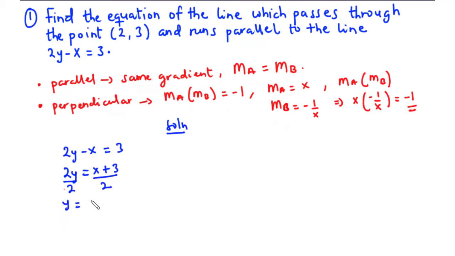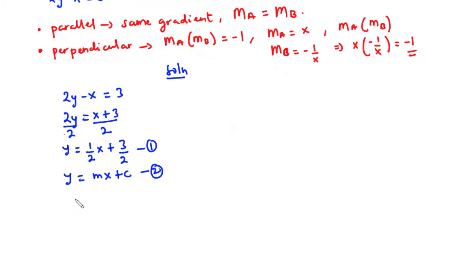So we have y equals 1 over 2 x plus 3 over 2. Now, comparing this equation with the equation y equals mx plus c, you realize that m, that is the gradient of the line, is equal to 1 over 2.